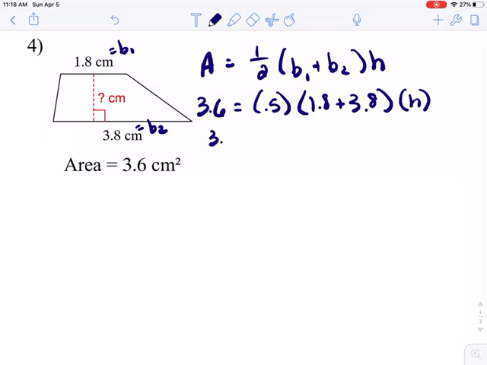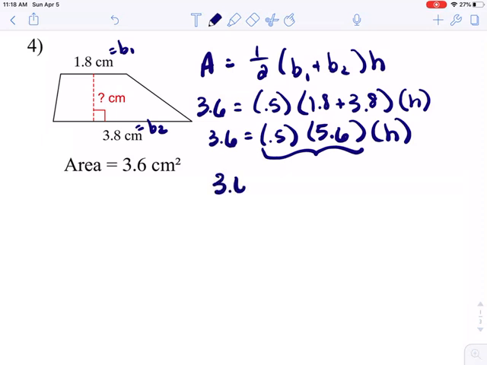So I want to make sure I use the order of operations, and I'm going to add the two values together. I'm going to add 1.8 plus 3.8 together first before I multiply. So that's 5.6, and then the height. Again, I'm going to continue to simplify. So 3.6 equals 5.6 divided by 2, or half of that, which is 2.8, times height.